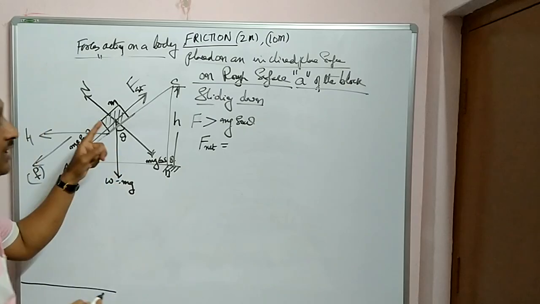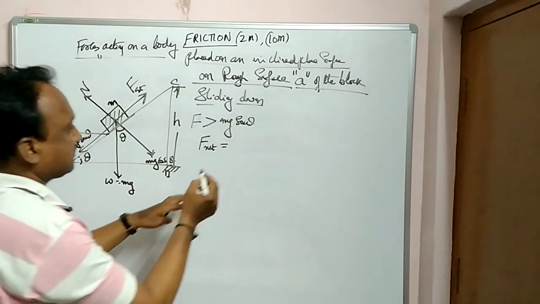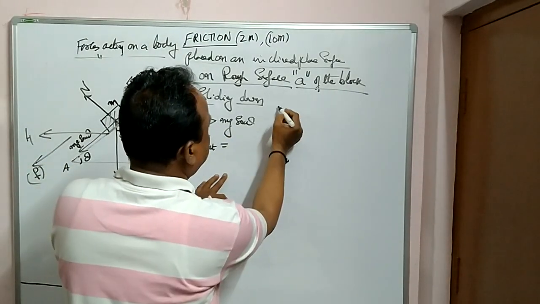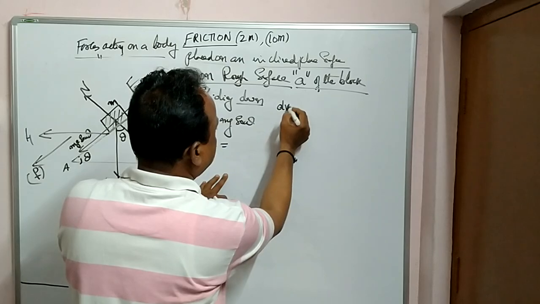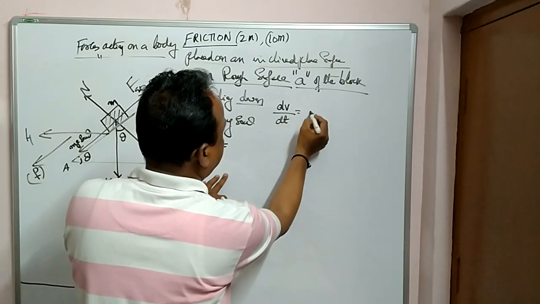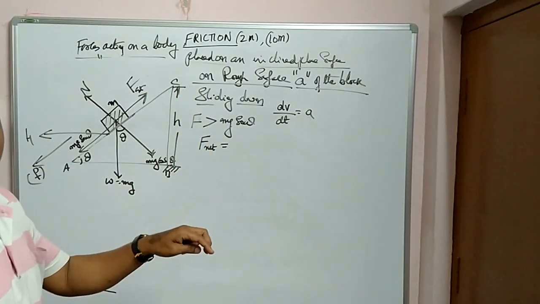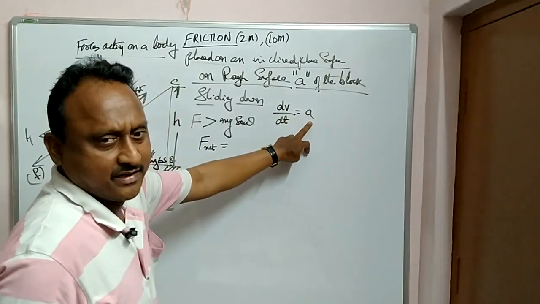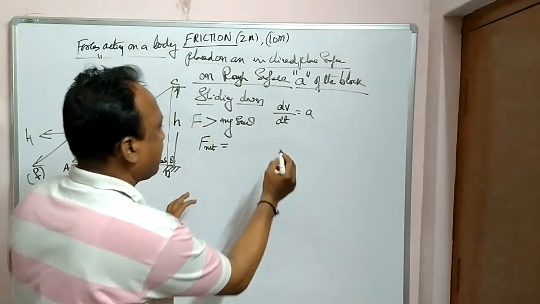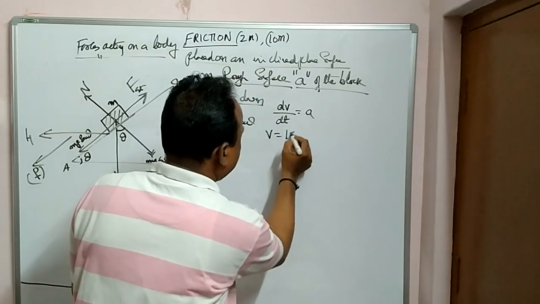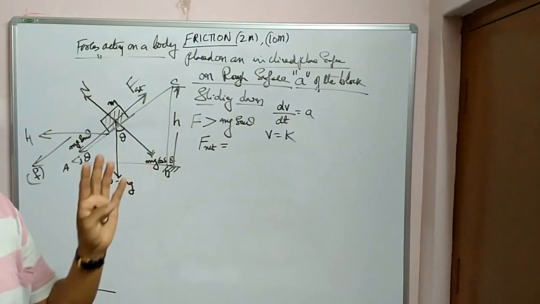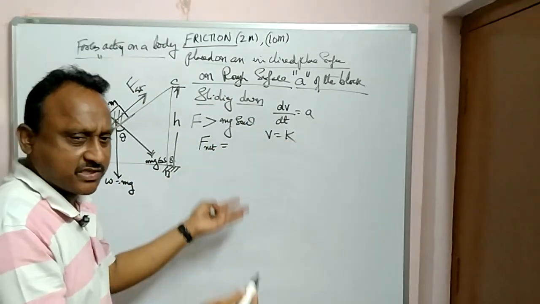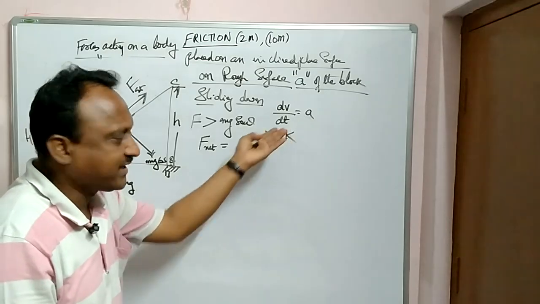Suppose, you know one thing, what is rate of change of velocity? What is dv by dt? Acceleration. In basic physics, rate of change of velocity is equal to acceleration. Suppose velocity is constant. Then what is the rate of change of velocity? Zero acceleration.